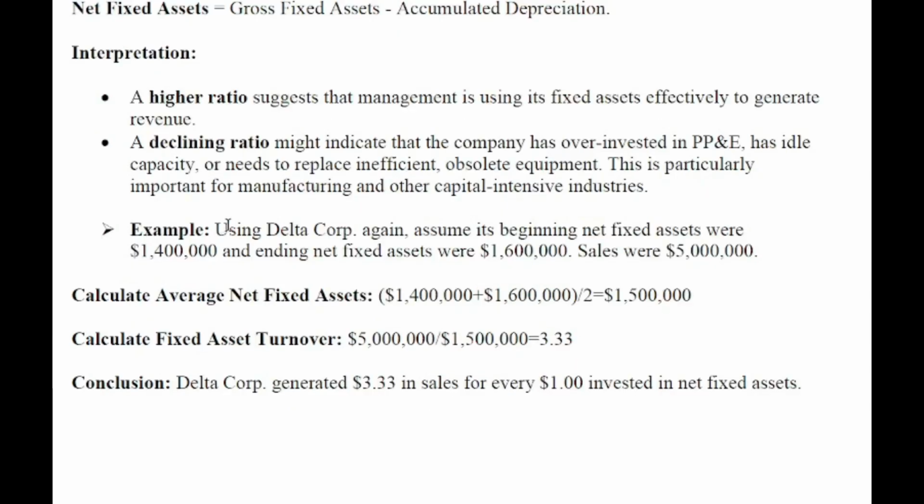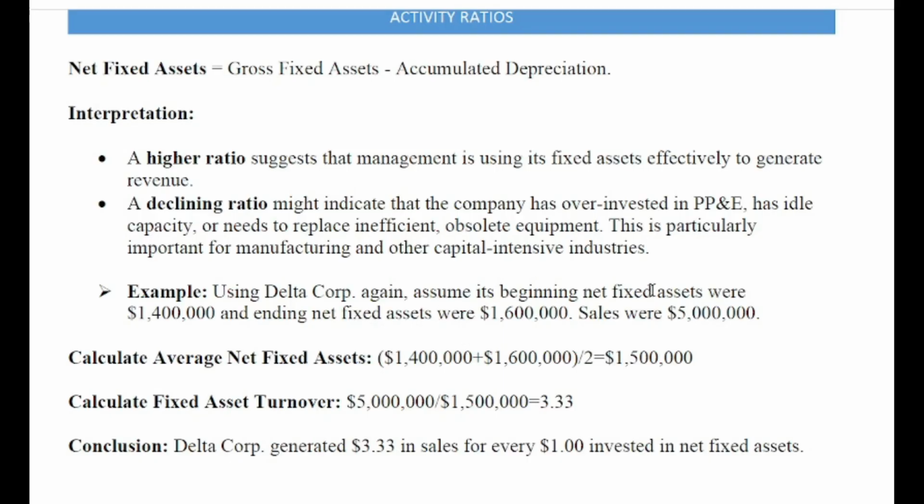So let's discuss a case for the fixed asset turnover ratio. This company has a beginning fixed asset of 1.4 million, an ending fixed asset of 1.6 million, and the sales were 5 million. First we have to calculate the average net fixed asset: 1.4 million plus 1.6 million divided by 2, that is 1.5 million average fixed asset.